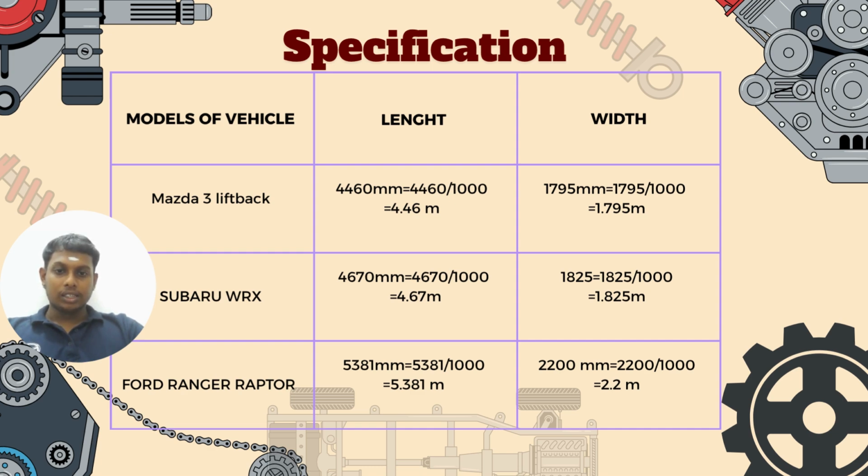The length is 4.67 m, and the width is 1.825 m. The last is the Ford Ranger Raptor. The length is 5.381 m, and the width is 2.2 m. That is all from me. I will pass to my friend.